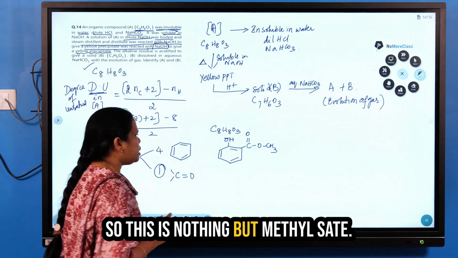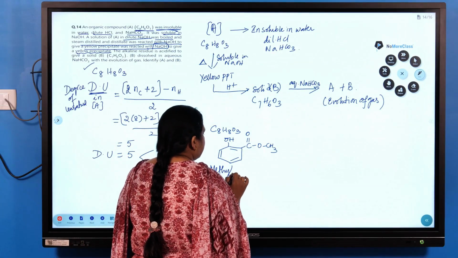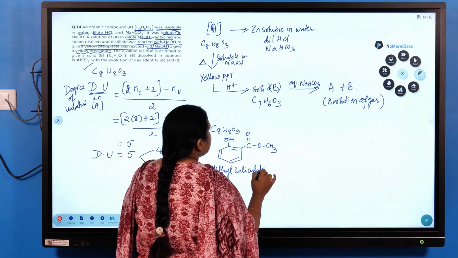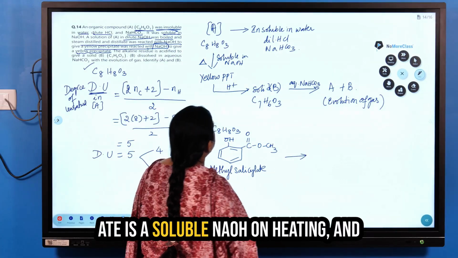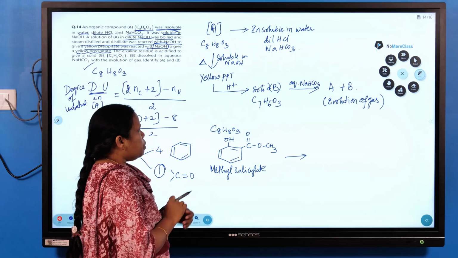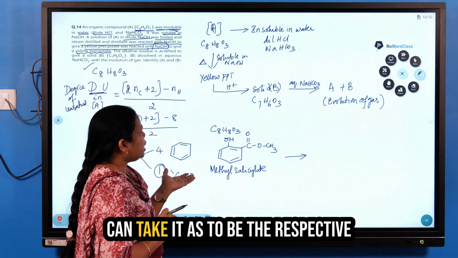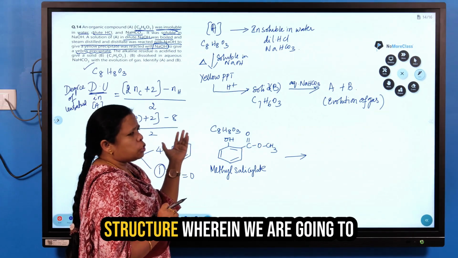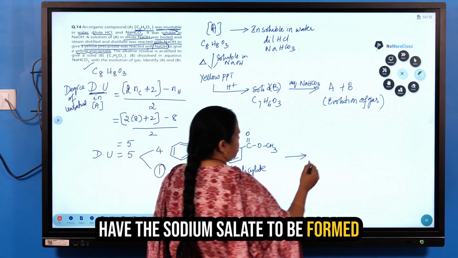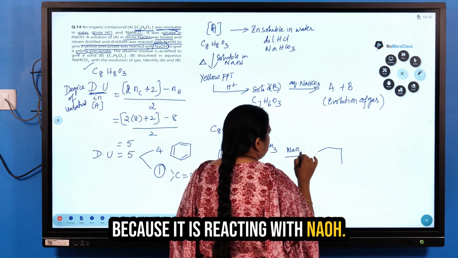So this is nothing but methyl salicylate. Methyl salicylate is soluble in NaOH on heating, and it forms a yellow precipitate. We can take the respective structure wherein sodium salicylate is formed because it is reacting with NaOH.